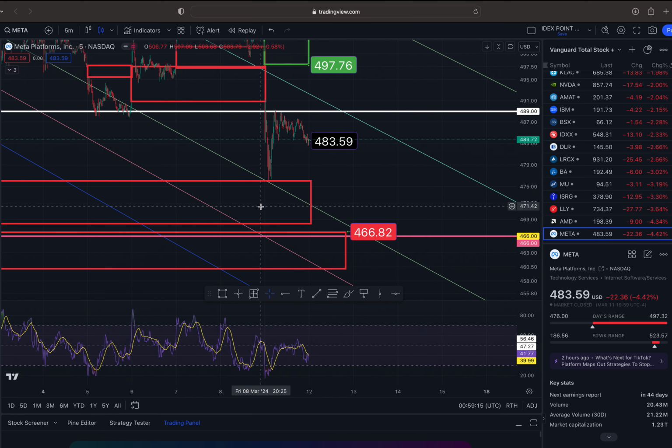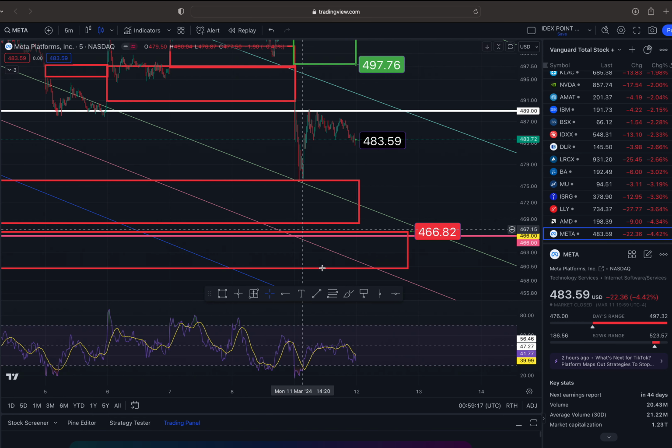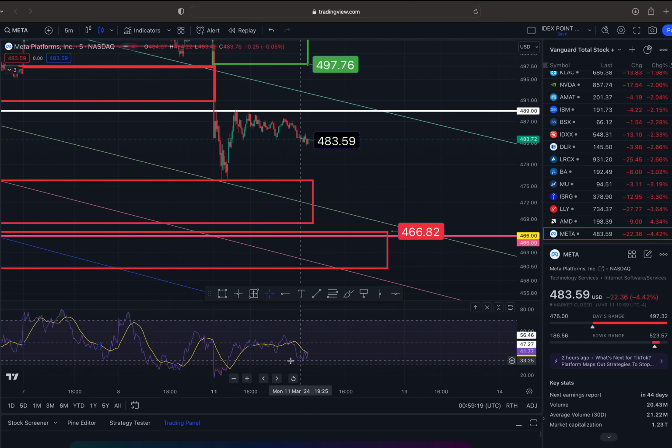All right, we touched here, and I'm going to anticipate, this is already starting to turn, so I anticipate a bounce off of this line, which acts as support, and very doable to take us down to this level. But the day's low, 476, the day's high, 497.32.